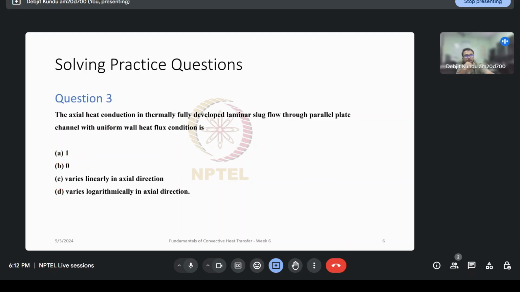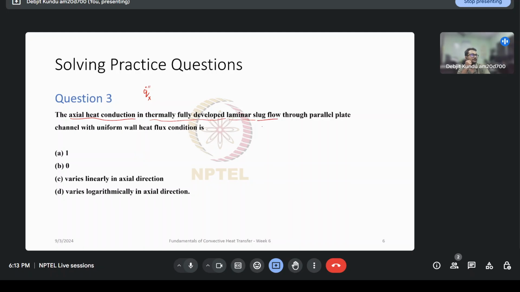And we will move along to question number 3. So once again, there are some important conditions to be taken into account. The question says that the axial heat conduction, so this is the heat flux in the x direction, in a thermally fully developed laminar slug flow.